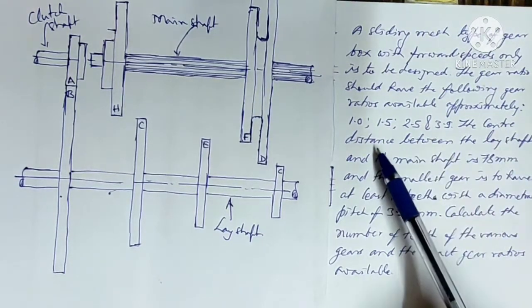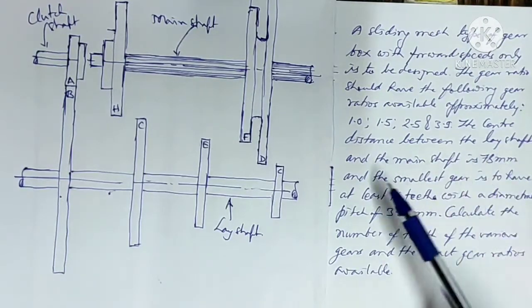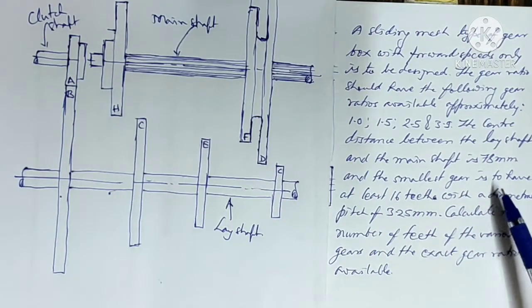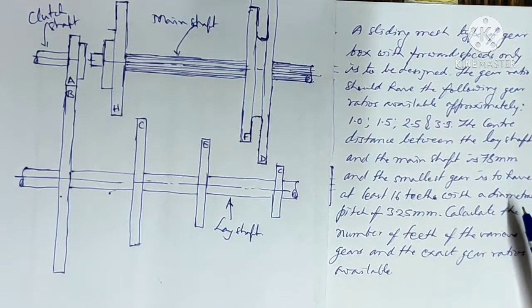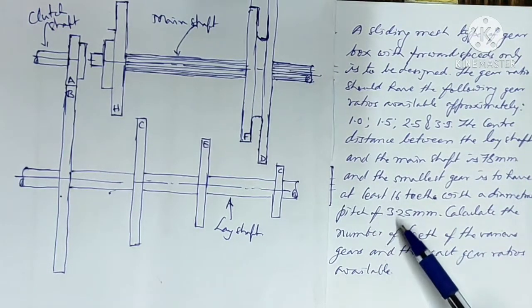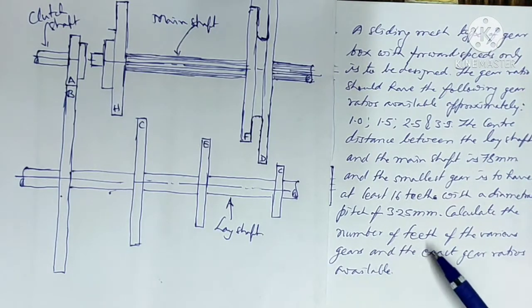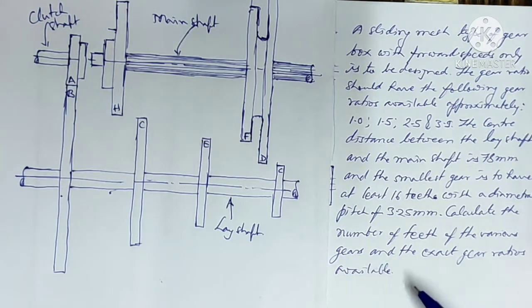The center distance between the lay shaft and the main shaft is 78 mm, and the smallest gear is to have at least 16 teeth with a diametral pitch of 3.25 mm. Calculate the number of teeth of the various gears and the exact gear ratio available.